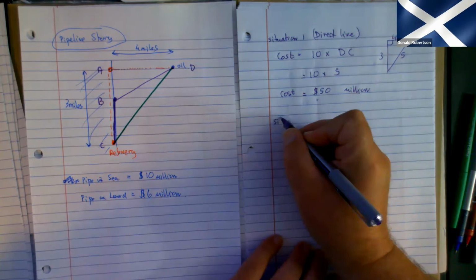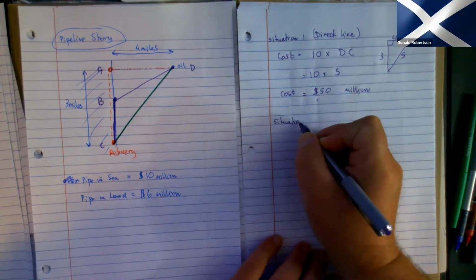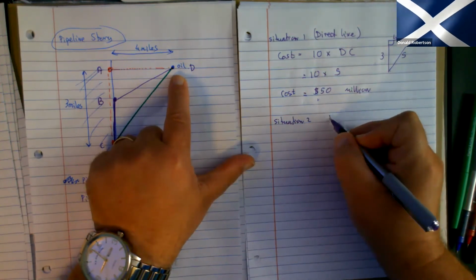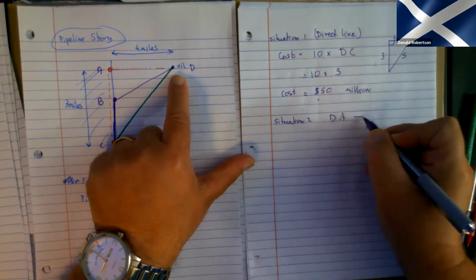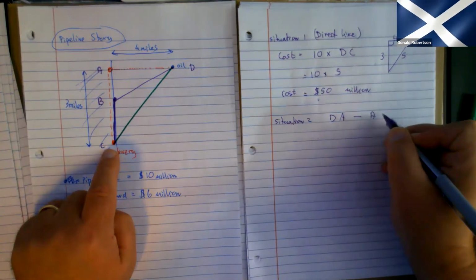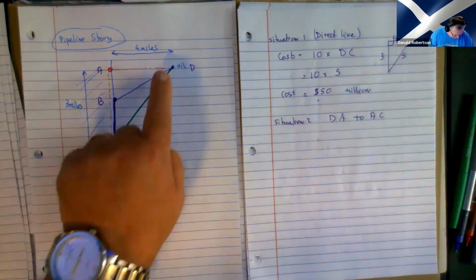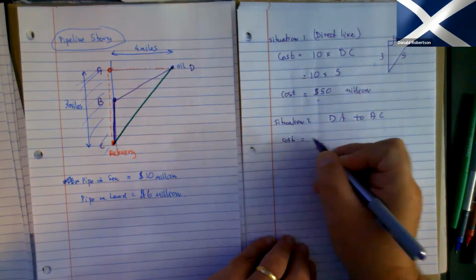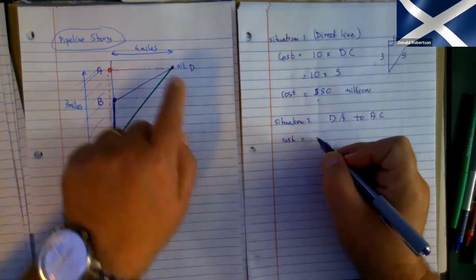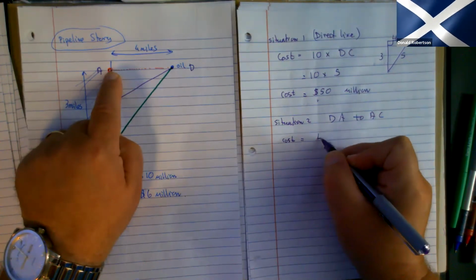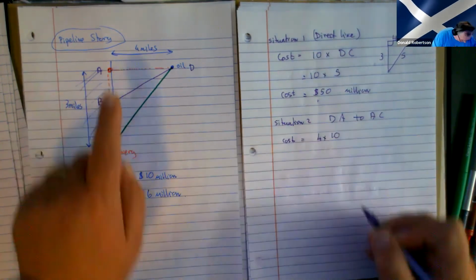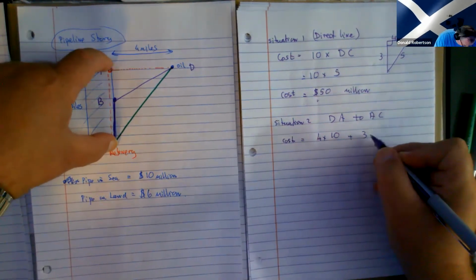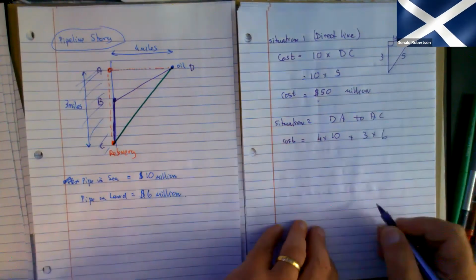Situation 2. Situation 2 is going to be, you go from D to A and then you go from A to C. So it's this one here. Now what will that cost look like? Well, it's going to be 4 miles at 10 million a mile plus 3 at 6 million.